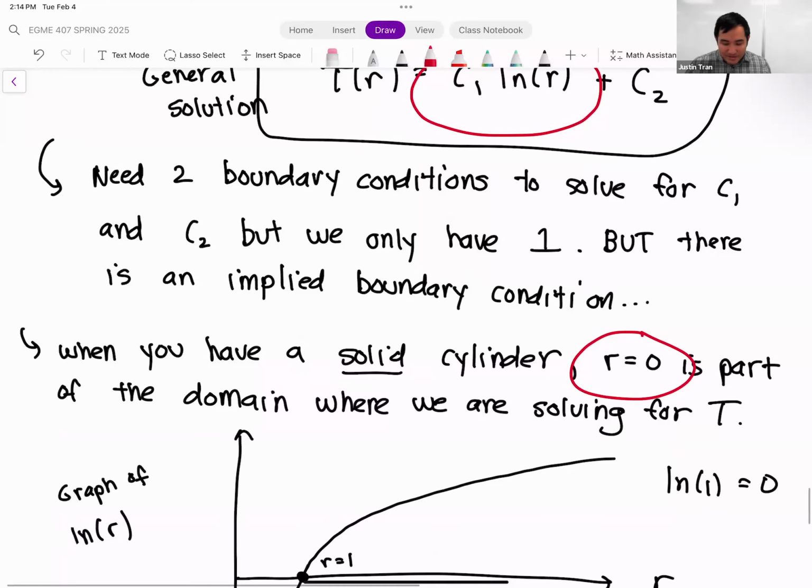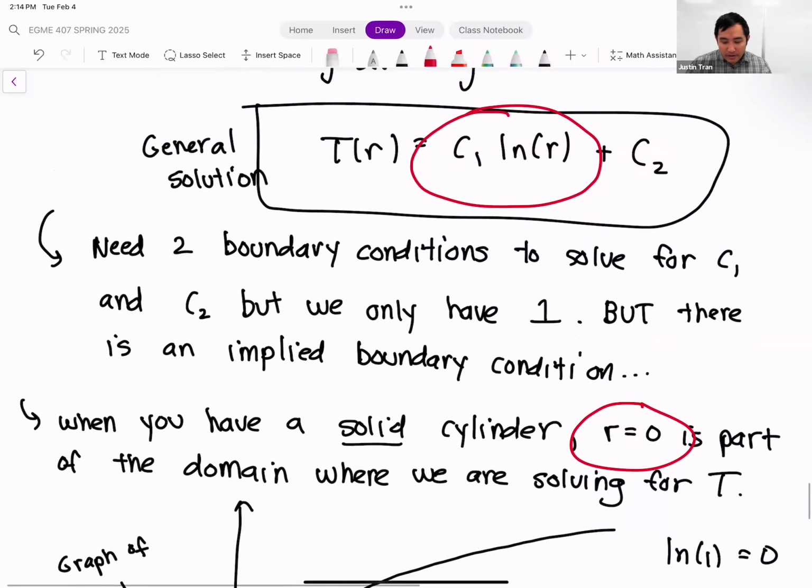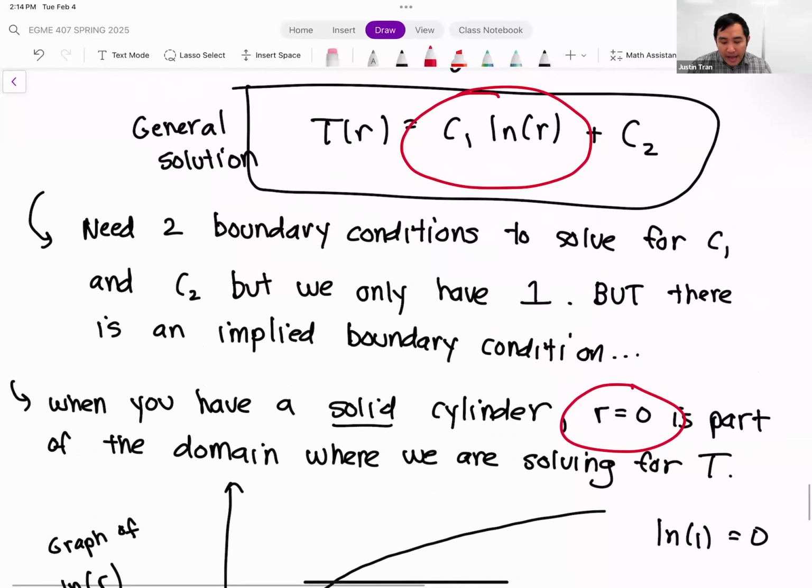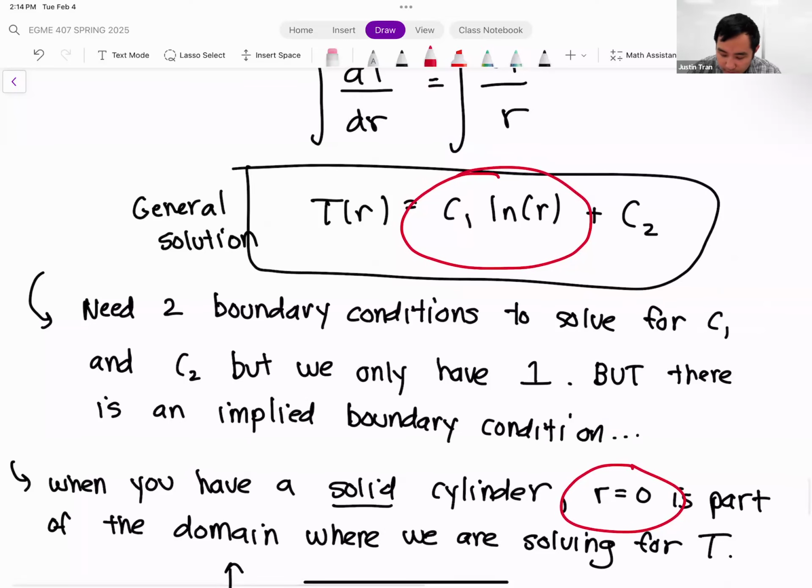So what does this mean? If R equals 0 is part of our domain, then if we try to evaluate the temperature as currently constructed in the general solution, we're going to get an undefined answer if we keep this term.